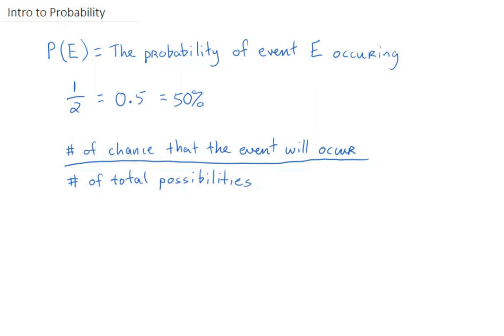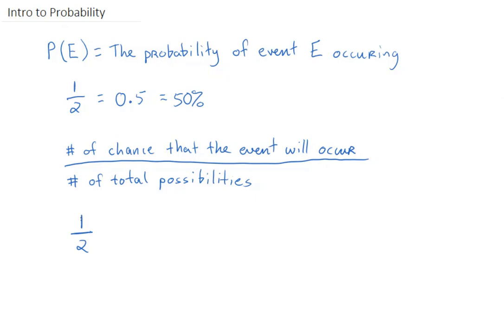So if we're talking about the probability of getting heads when you flip a two-sided coin, then there are two choices because there are two sides to the coin, and one of those is a head. So the number of chances that the event will occur is 1. The number of total possibilities is 2, so the probability is 1/2.